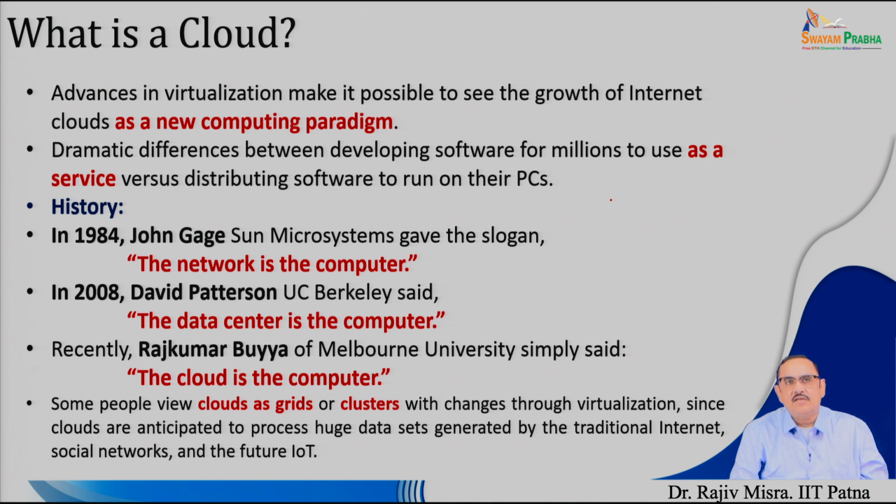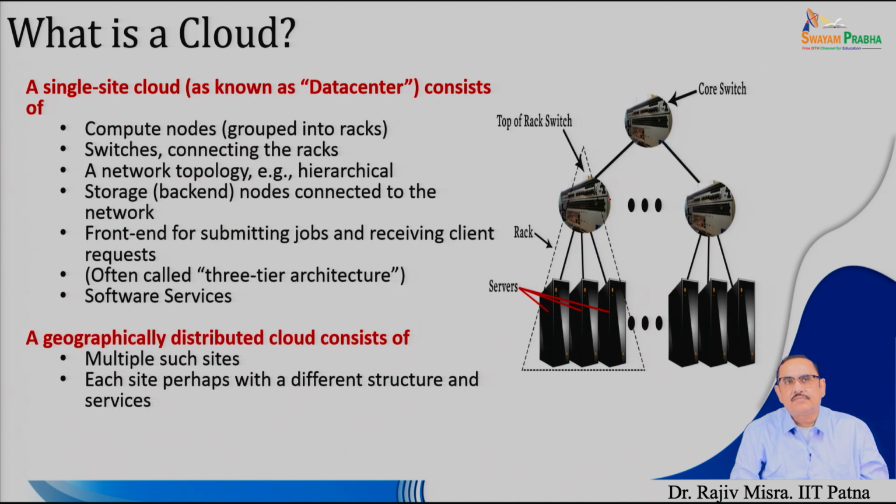Various people gave different definitions long back, but now everything is stabilized. Some people still view the cloud as a grid cluster, which changes through the virtualization technique. So, virtualization is the key technology which has given rise to cloud computing.